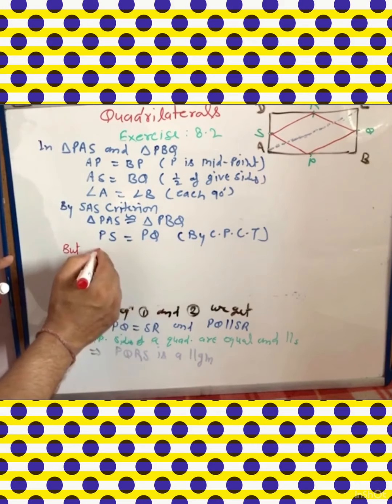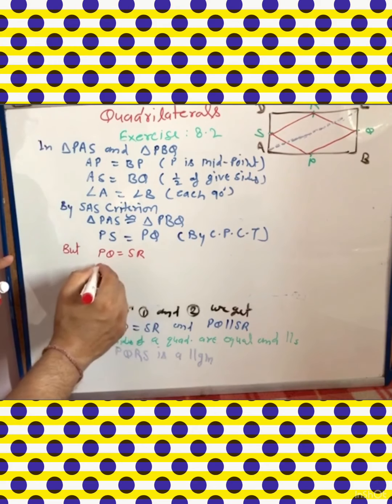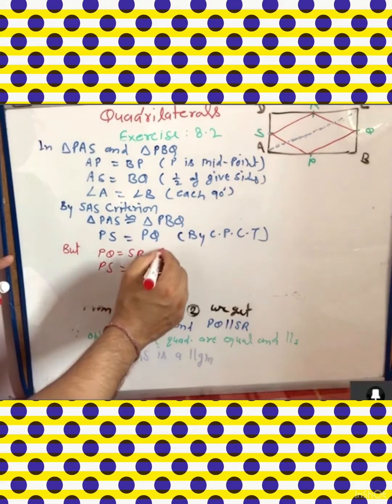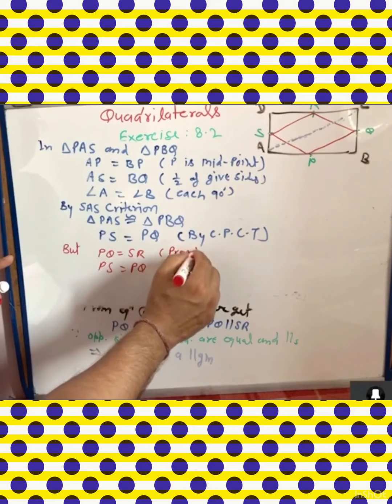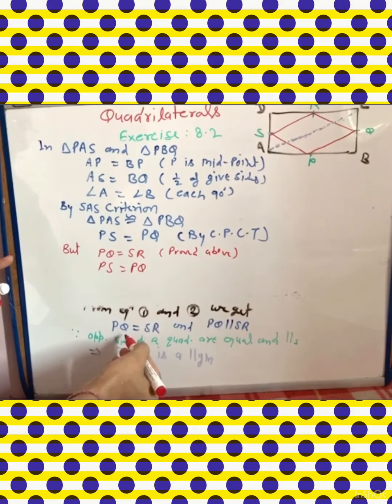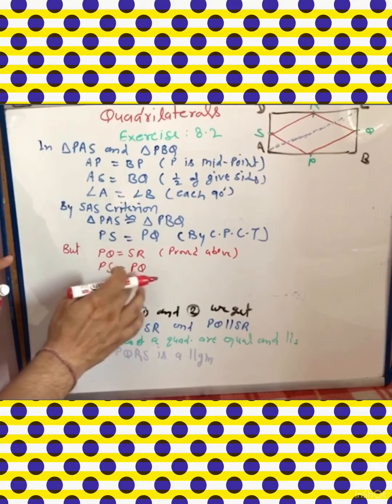PQ equal to SR and PS equal to PQ. This is proved above. अभी आपने प्रूव किया. See here, PQ equal to SR. So PQ equal to SR and PS equal to PQ.